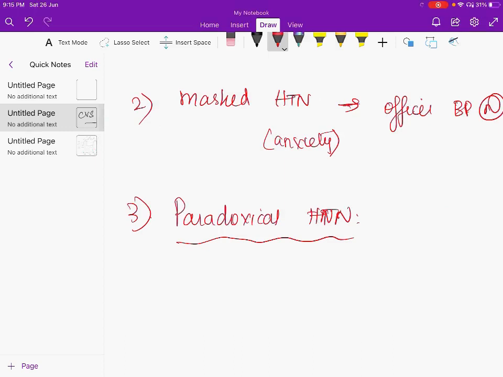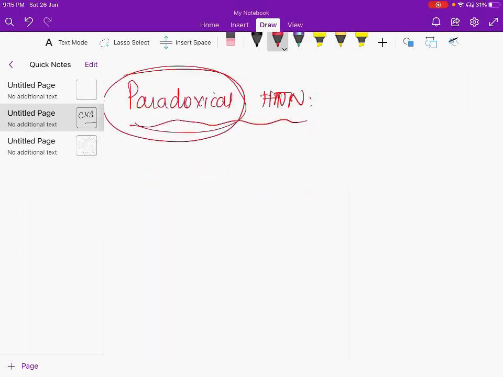What differentiates a physician from other doctors is that a physician should know all these paradoxes and all these differential causes. That is what makes the physician great, and that is what made me love medicine. Medicine interests me because of this differential diagnosis and these paradoxes. Okay, so what is paradoxical hypertension?